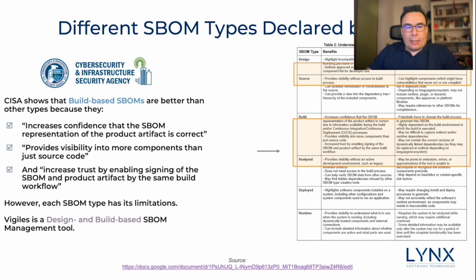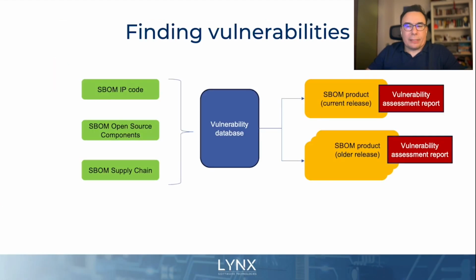Okay. How do you find vulnerabilities? Well, on the left-hand side here, you can see the software bill of materials coming from open source components, which is, for example, the entire Linux BSP, the baseline BSP. But this picture here captures also SBOM coming from the supply chain. So if you're buying off-the-shelf components, you can ask the vendor of the component to provide you with a software bill of materials.